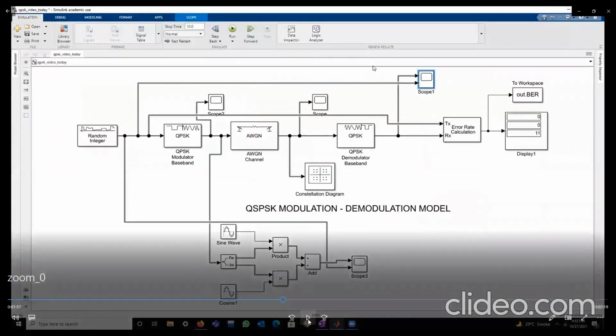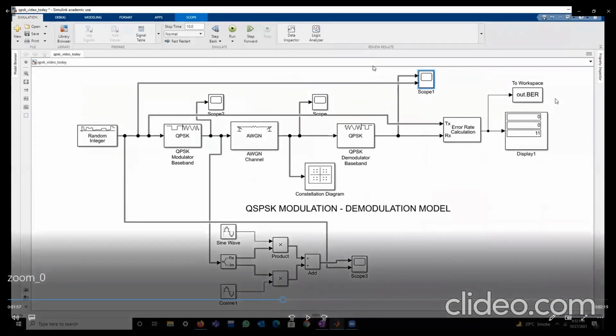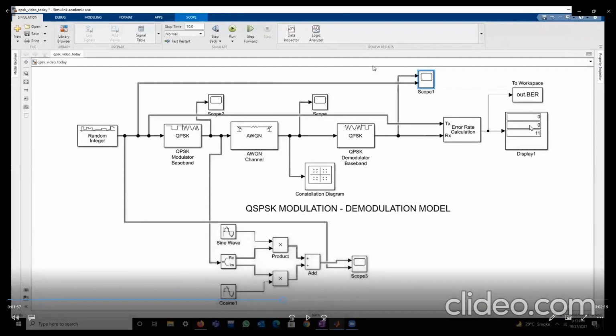So the next important point is the error rate calculation. The bit error rate calculation helps us to denote how much error is generated in the transmission and how many bits of error we are getting. So the display box contains 3 quantities. First is the BER rate. Second one is the total number of error bits generated.